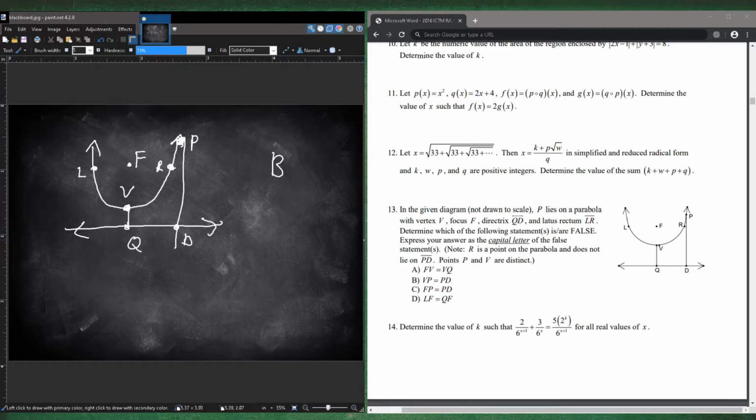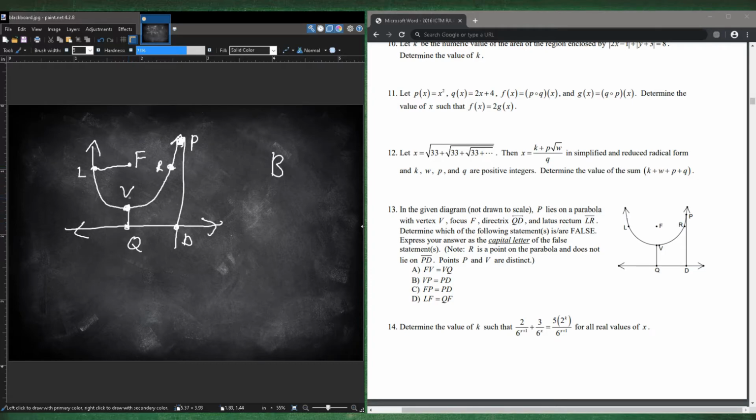So now C, FP is equal to PD. Okay, so that's what I just talked about. The distance from the focus to a point on the graph is equal to that point's distance to the directrix. So that's just true. And they say LF is equal to QF, right? Which is true. The latus rectum is 2 times the distance from the directrix to the focus.